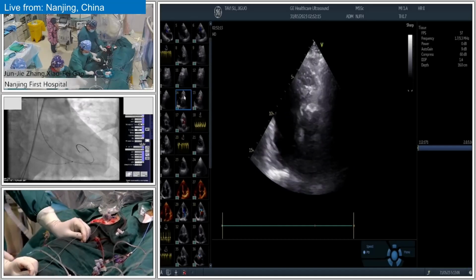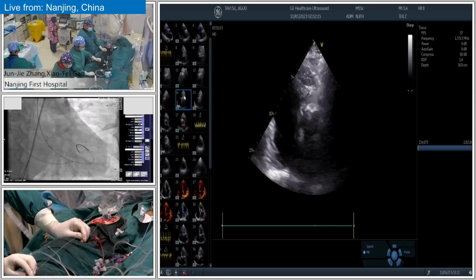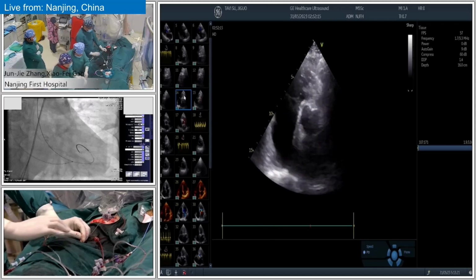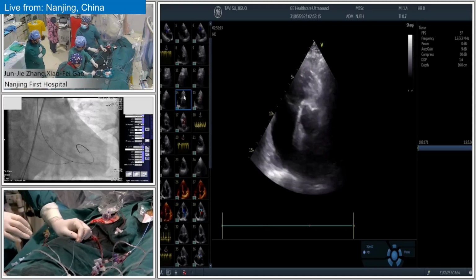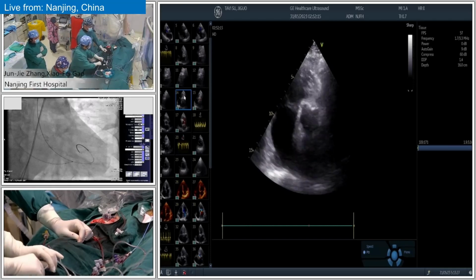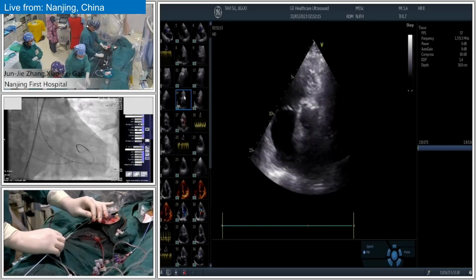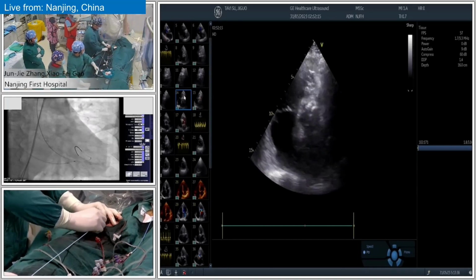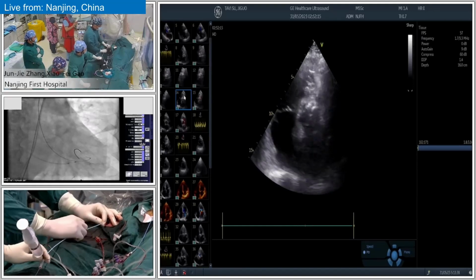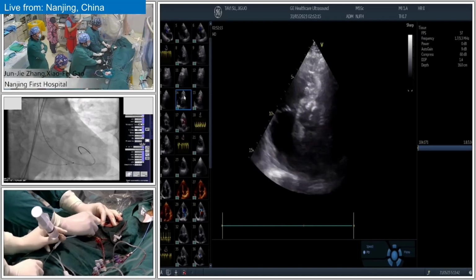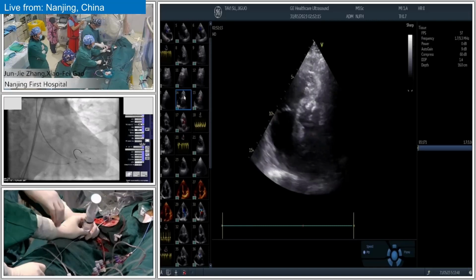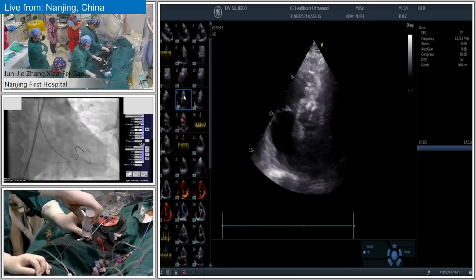If there is a paravalvular leak after the valve deployment, the hypertrophic ventricle cannot tolerate the long-standing volume overload because of the hypertrophy and decreased ventricular filling. So if there is more than mild paravalvular leak, it may decrease the long-term survival of this patient. So I think this is challenging for this patient, Professor.